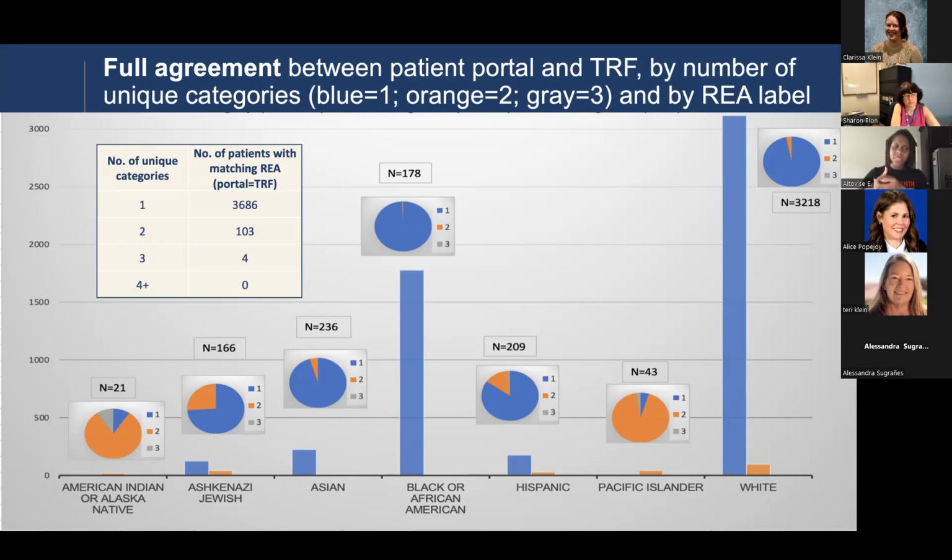Yes, totally. I think a limitation of the study that you're going to have to deal with reviewers is that it's the patient portal that didn't give them the option to describe themselves, right? Right.